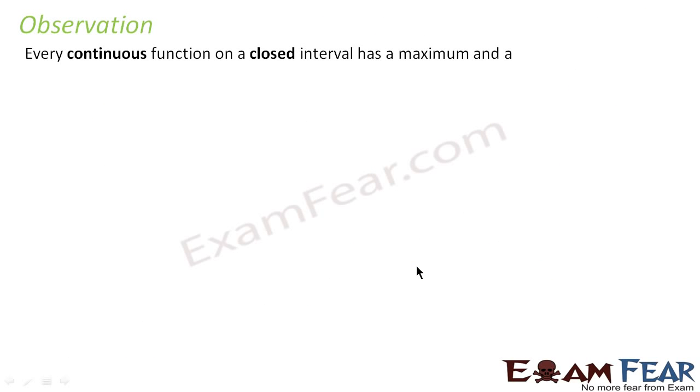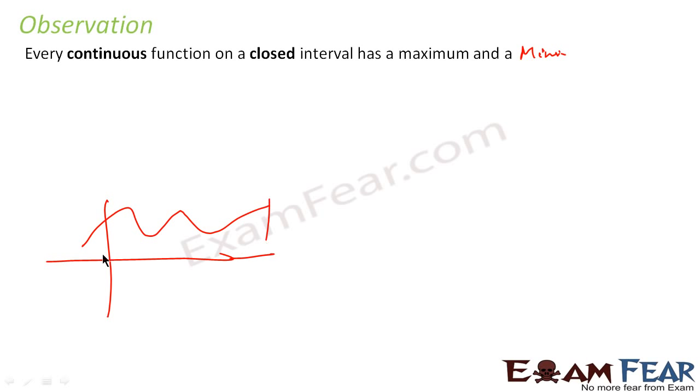So let's summarize the observation. Every continuous function on a closed interval has a maxima and a minimum. So if I have a continuous function, something like this, on a closed interval, let's suppose this is minus 1 to 5, it will have a maxima and a minimum.